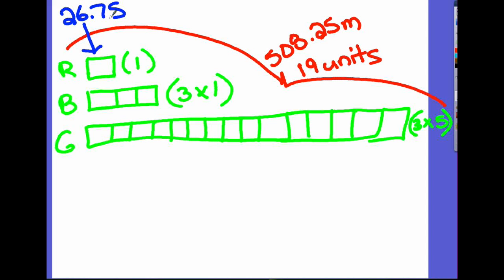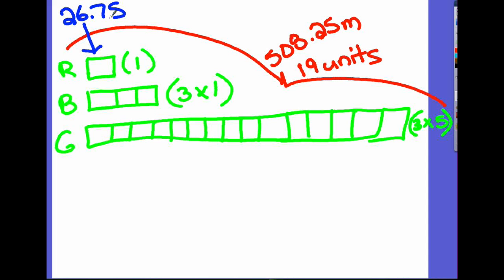So now what is the question I have to answer? What is the length of the blue rope? If every single piece is 26 and 7500, how would I solve that?